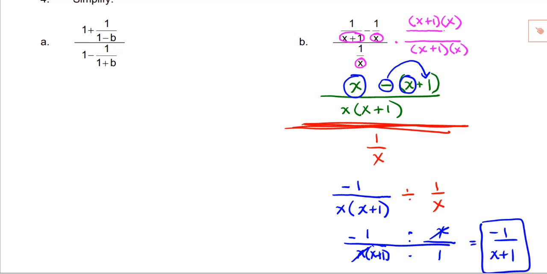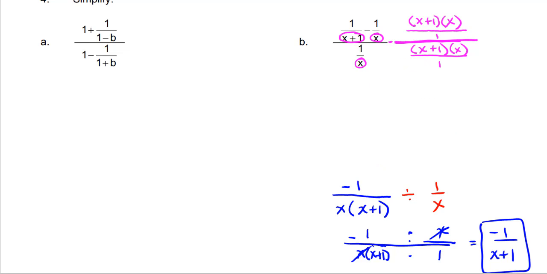Now, some people are helped by me writing this over 1 over 1, making this fraction bar a lot longer. So what I do then, let me get this out of the way, is I'm going to multiply this by this.